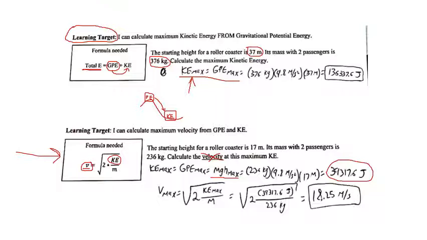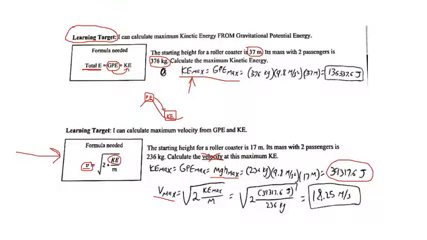So same thing as the previous problem. We just took it one step further and actually solved for velocity, so we know the maximum speed of this roller coaster. And that's pretty much all the new stuff. Everything else is the exact same as the notes. Honestly, this isn't anything new. It just takes what we learned in the notes, and now you have to think a little bit further: where is the energy coming from in a roller coaster?